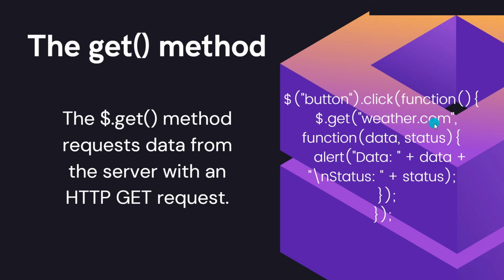Status will show us whether it is success or failure, and the data is going to give us the weather report in data format. It is going to show the weather if it is successful, or it is going to show an error if it is a failure. And this is all about the jQuery AJAX method.